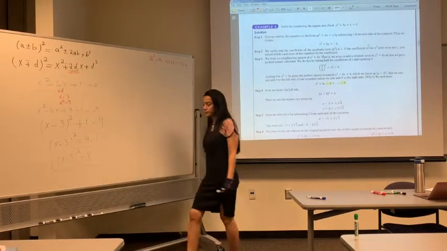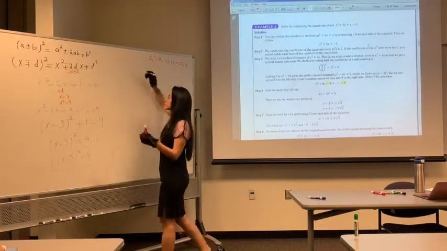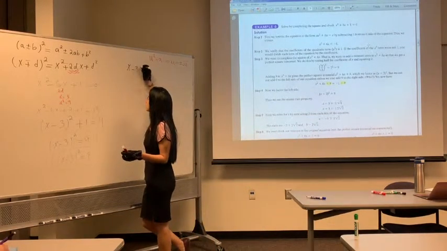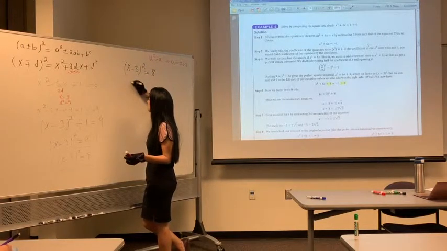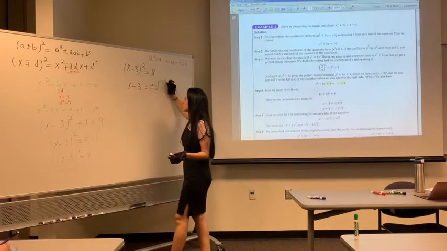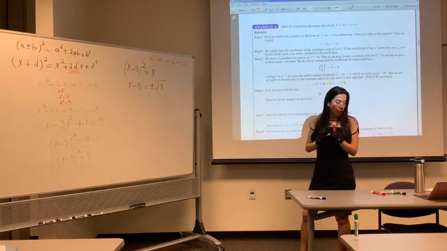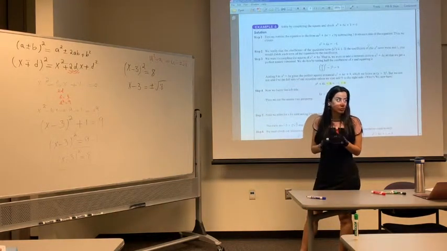Now we should solve this. (x minus 3) power 2 is 8. x minus 3 is positive minus radical 8. Is that correct? Yeah.